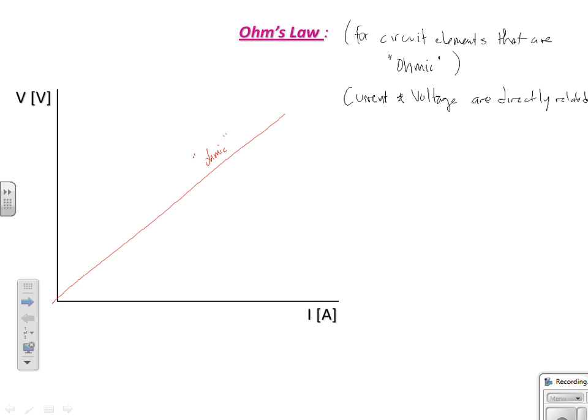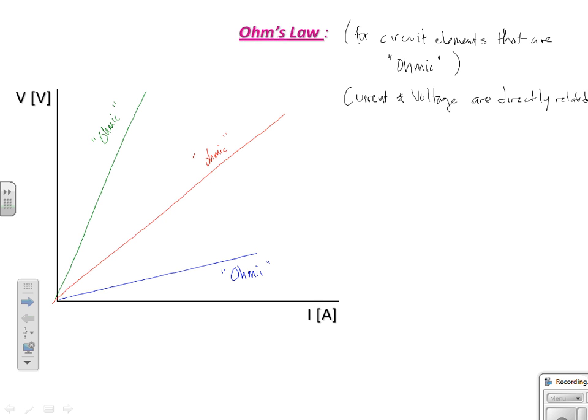All right, here's a different, also ohmic device. Here's yet another one. All right, those all show a direct relationship between current and voltage. And how do we know what's the difference between each of these?